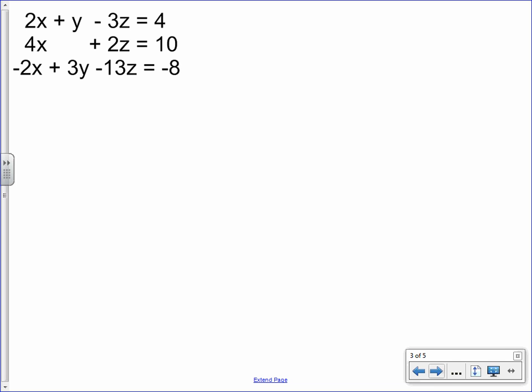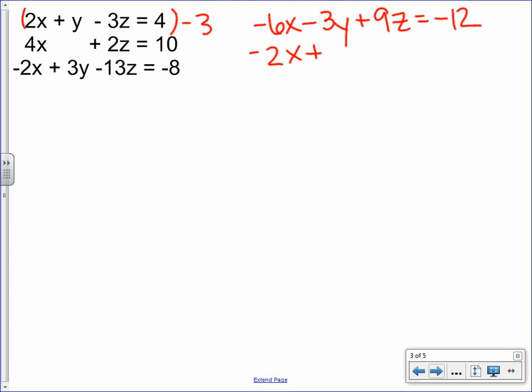Multiply the first one by -3 to make the y's opposites, right? So in that case, we have -6x minus 3y plus 9z equals -12. And then here's our third equation.